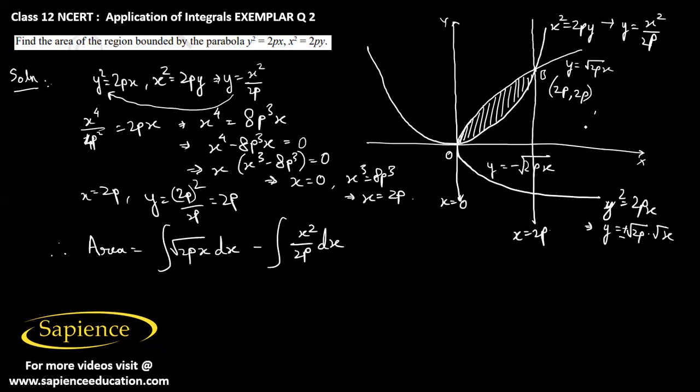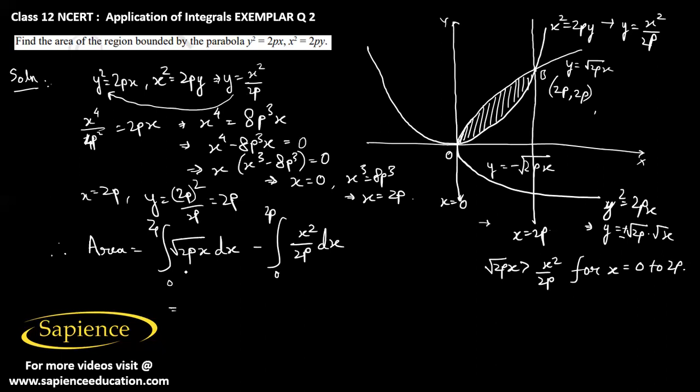Since, from x equals 0 to x equals 2p, this curve is above this curve. It means that root over 2px is greater than x square by 2p for x going from 0 to 2p. And the limits will go from 0 to 2p.